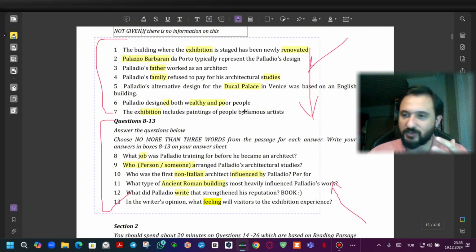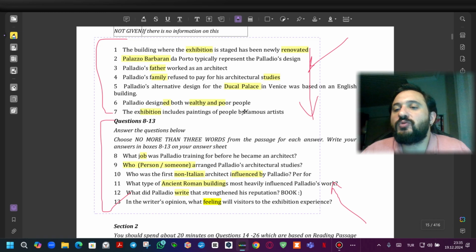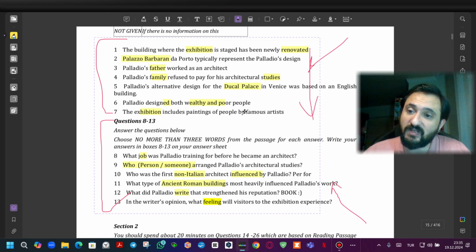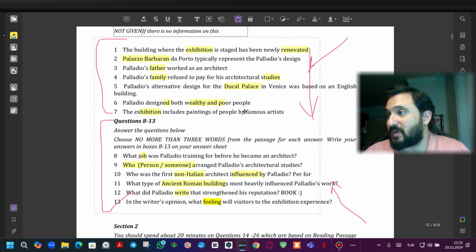So one question takes 1 minute, at least 1 minute for B2 level. For C1, it is 45 minutes, something like that. But till B1, it is too difficult to find the answer.